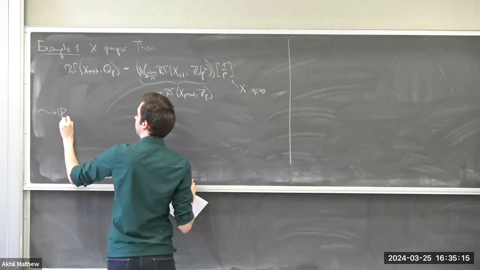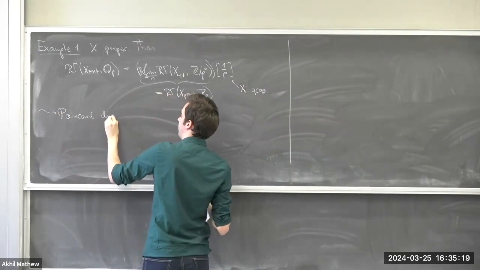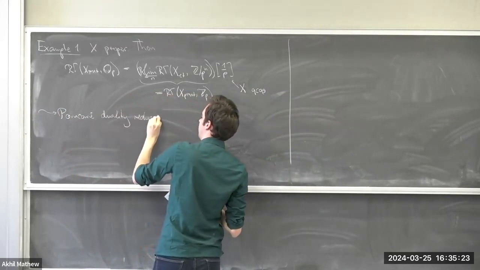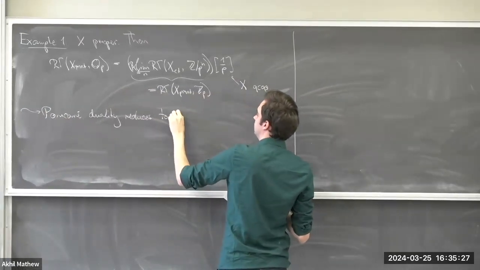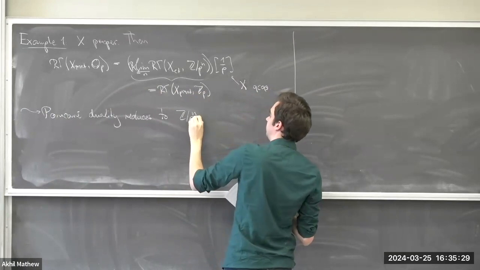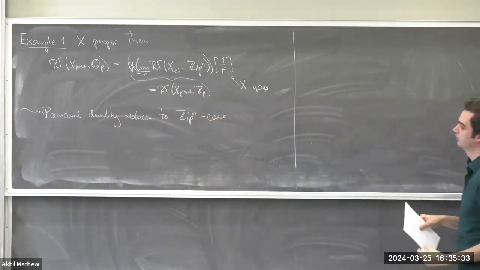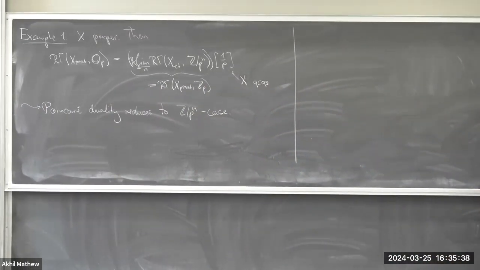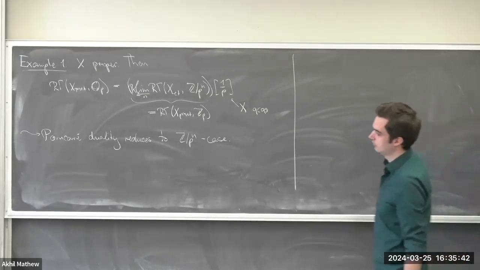So complete duality reduces to the Z/p^n case. And this I essentially studied or discussed in the previous 2 talks. But there are 2 interesting ways in which one can go from here.